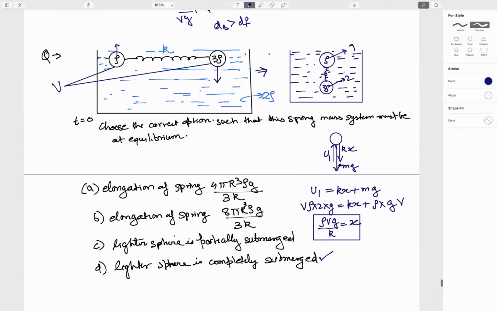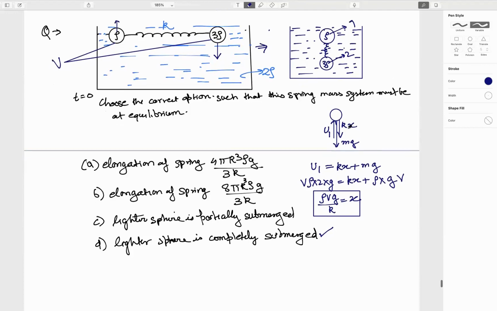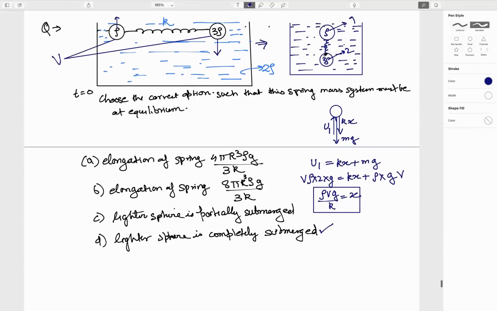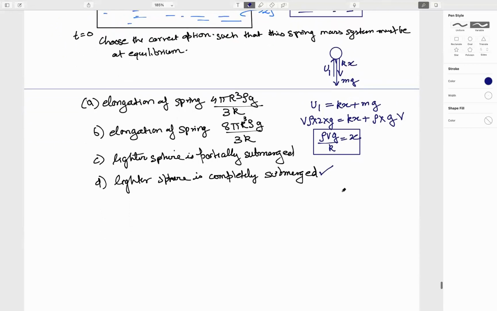We want to check whether what we are doing is correct or not. So try to find out the elongation using the FBD of this sphere also and see if it is coming the same. And if it is coming the same, then only we can say what we are doing is correct. So now here, due to the spring, Kx is in this direction, upthrust is also in this direction, weight is in the opposite direction.